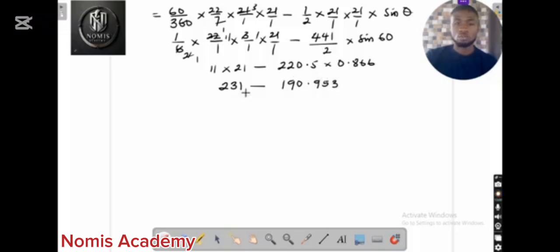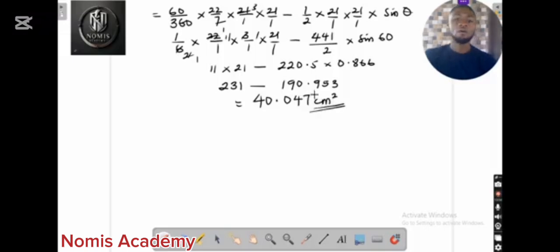So simple subtraction: 231 minus 190.953 will give us 40.047 centimeters squared.